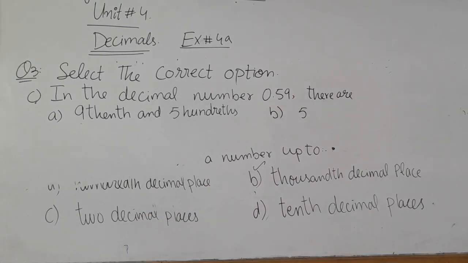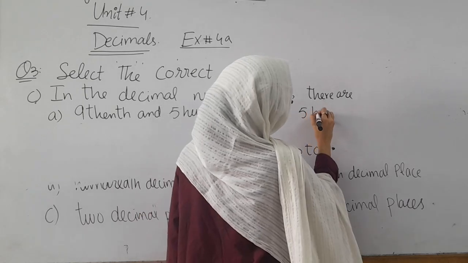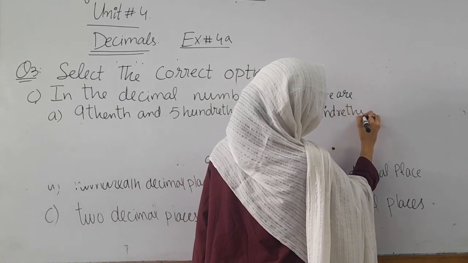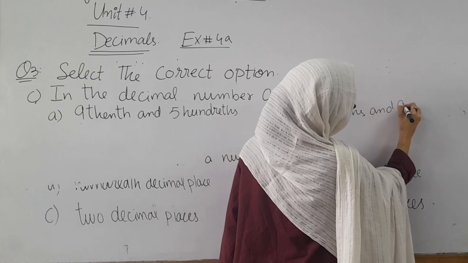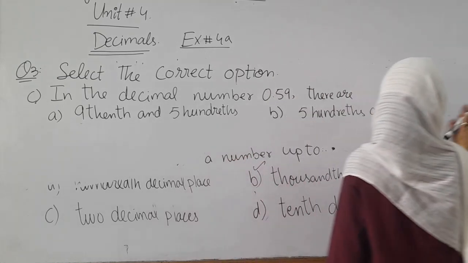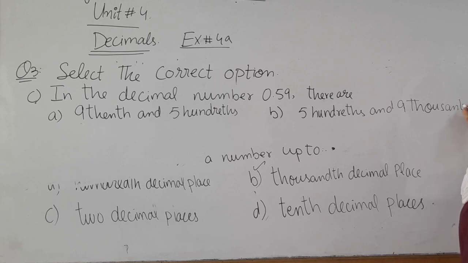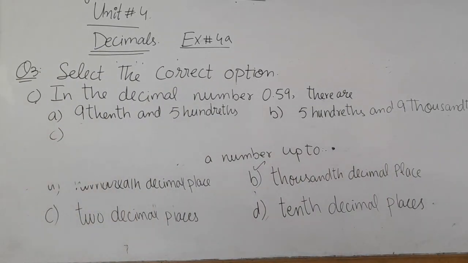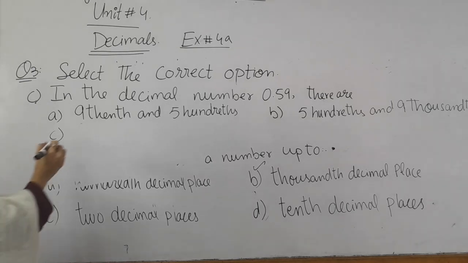In B part we have 500s and 9,000s. And in C part we have 905 tens.